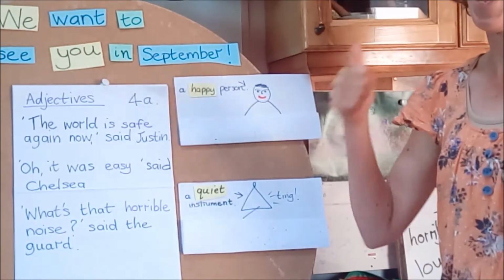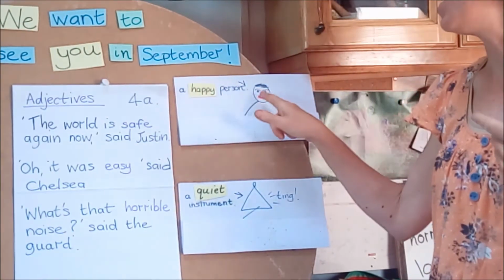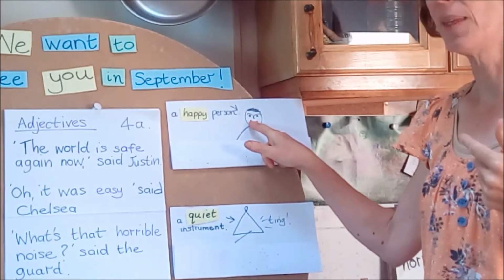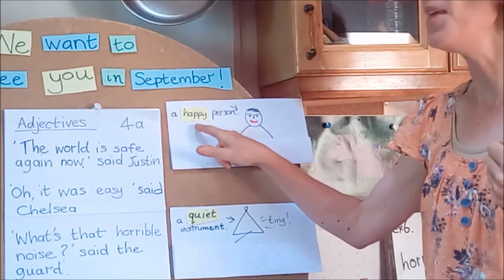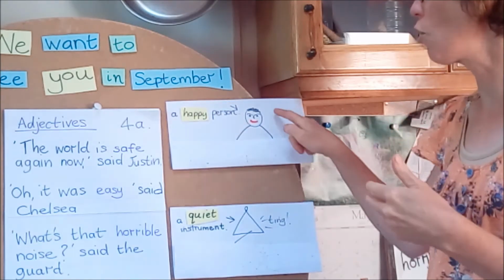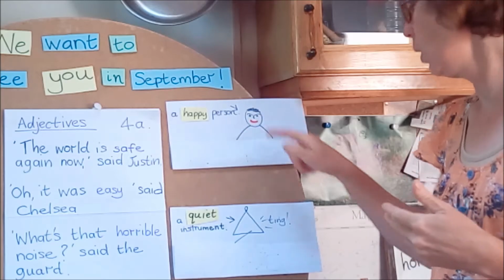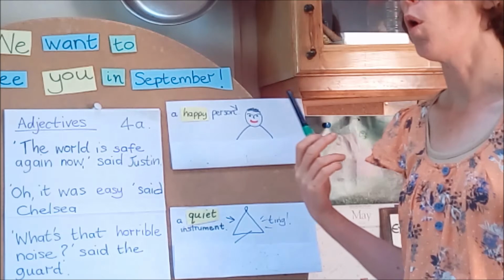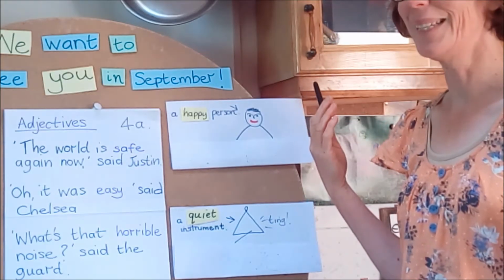This is a happy person. Yep, this is a happy person. This is called an adjective. An adjective describes a person or an object or a feeling.